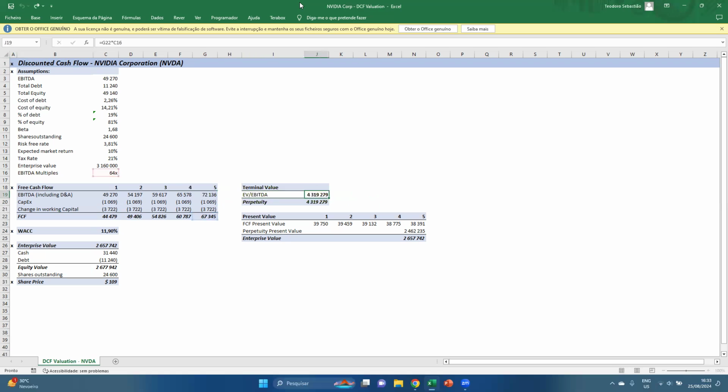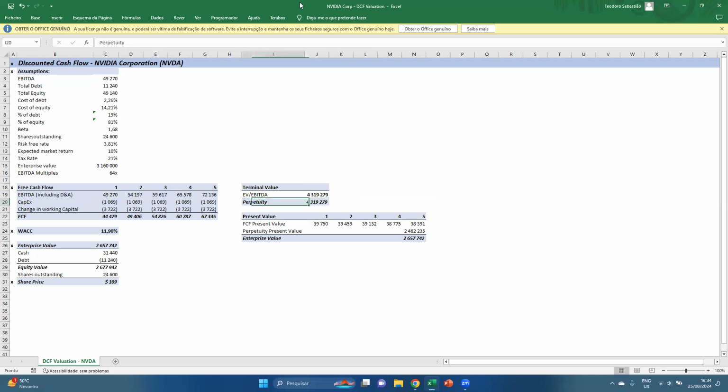Here I did it based on EBITDA multiples, but you guys at home can do it based on the growth rate. That is normally the growth rate of the company or the country. If it's the US, how much percent does the US grow in a year, and this is going to be your growth rate.